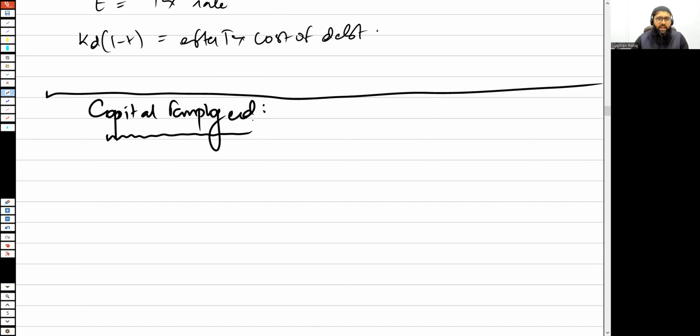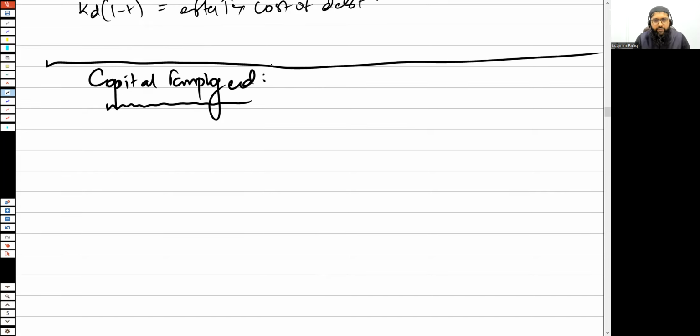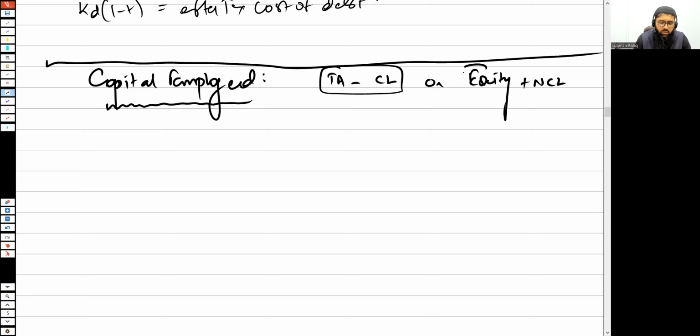Basically, capital employed is total assets minus current liabilities, or it could be equity plus non-current liabilities.